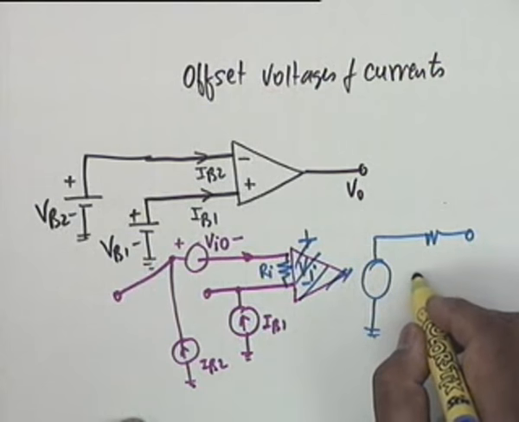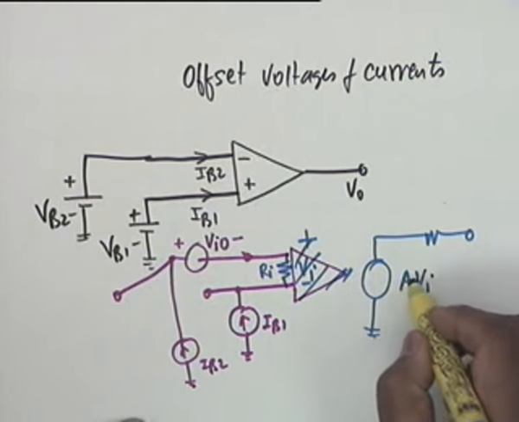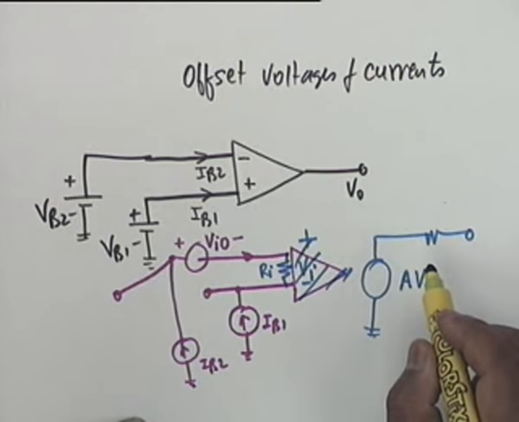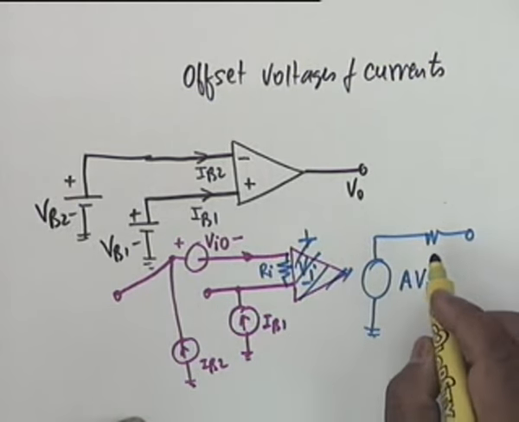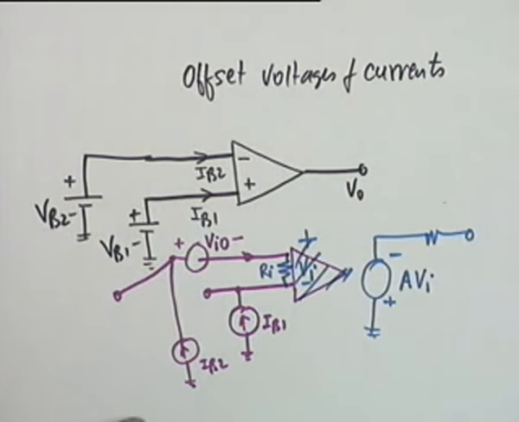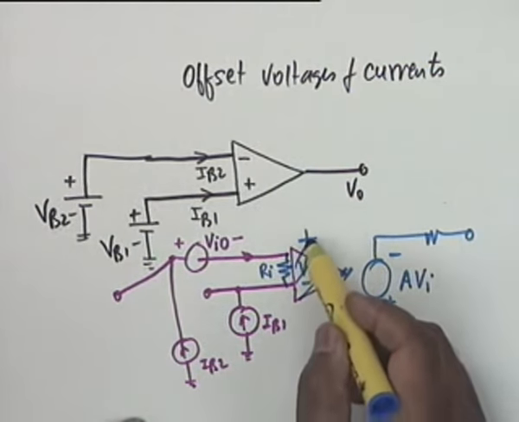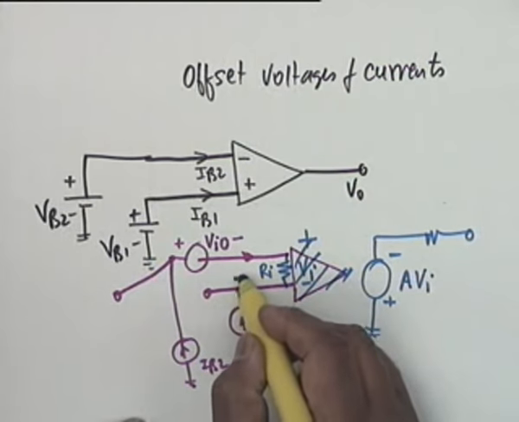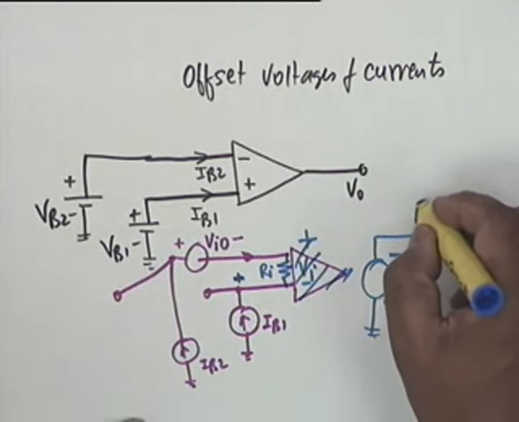What would be the output? AVI with what polarity? Which is plus? Down or up? Down. Okay. You must remember this, because I have said plus minus here with the inverting. This is the inverting and this is the non-inverting, R0.